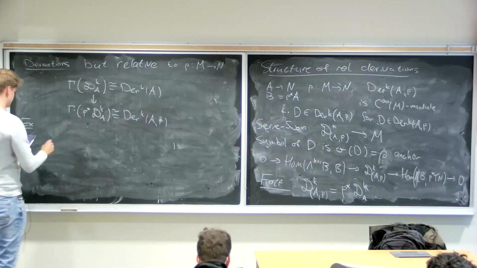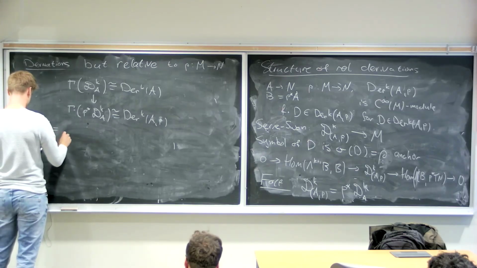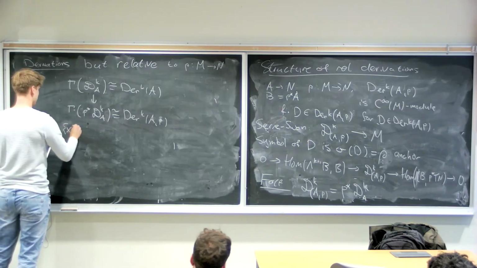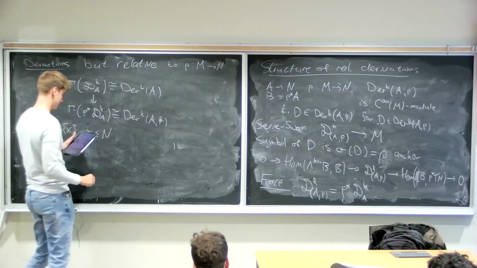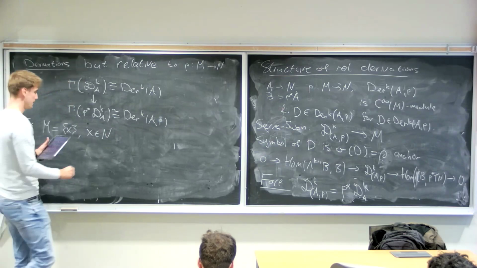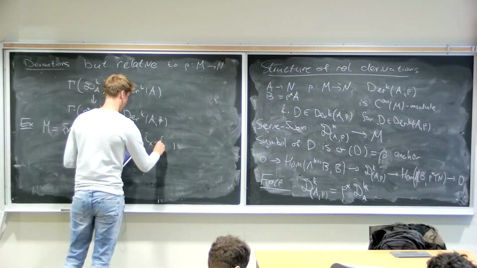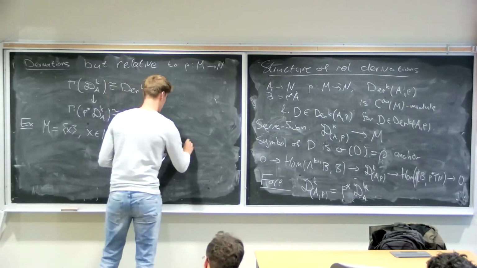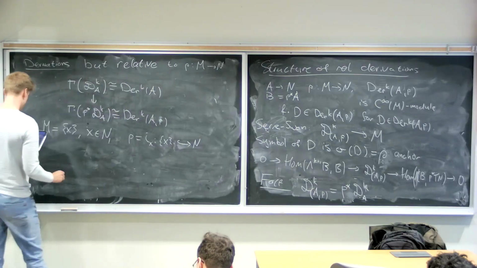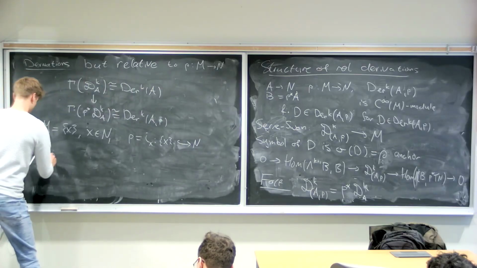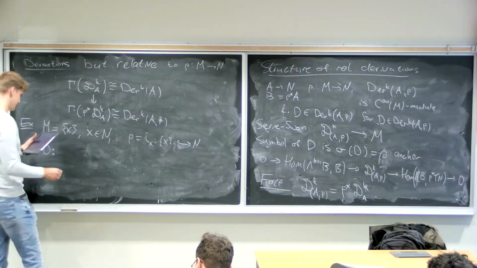Right, the example I want to do is actually quite different from submersions. But if you take M to be a point in our space N, and P is the inclusion of the point in N, then D, a derivation relative to this inclusion, what is it?